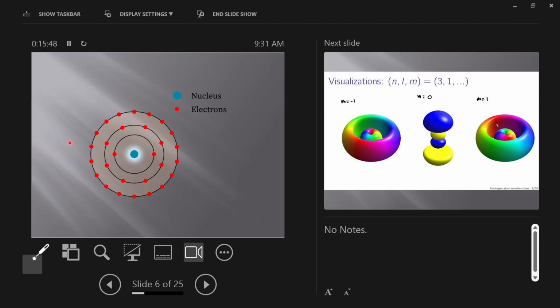So Bohr's modification was: place the nucleus in the center like Rutherford does, but only allow the electrons to exist in specific orbits. These orbits represented different energy levels for the electrons, kind of like me standing on a chair, right? I stand on the floor, I have some energy. I stand on the chair, I've got more energy. I stand on a ladder, and I've got more energy. I can stand on discrete positions from the floor.